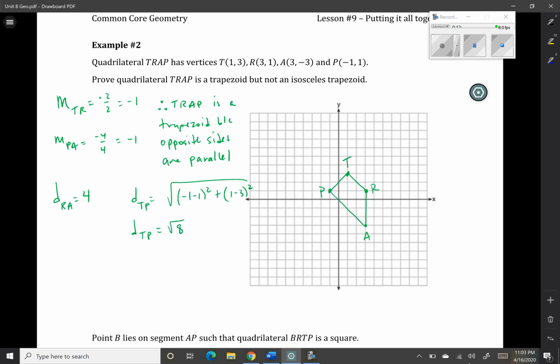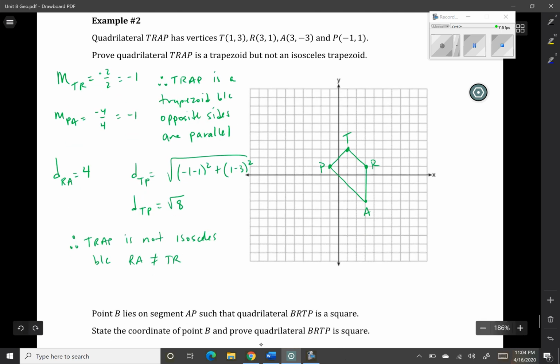The square root of 8 is not 4. So I can say, therefore, trap is not isosceles because RA is not equal to TP. I forgot an E in here.